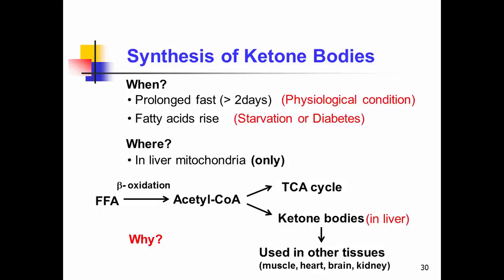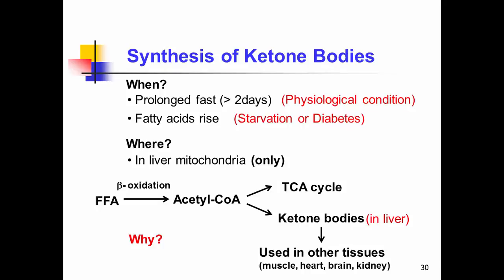So under the fasting condition, you have a very small amount of acetyl-CoA from glucose oxidation. Again, the majority of acetyl-CoA for ketogenesis during fasting conditions comes from fatty acid oxidation.